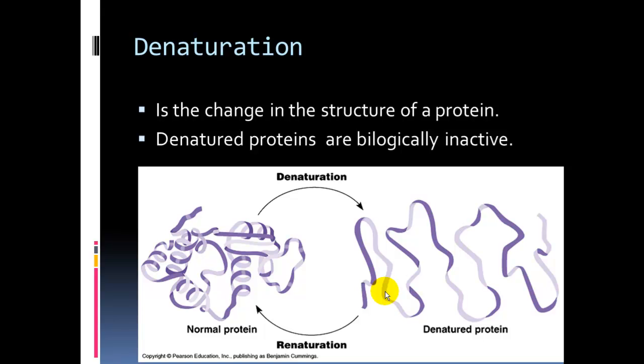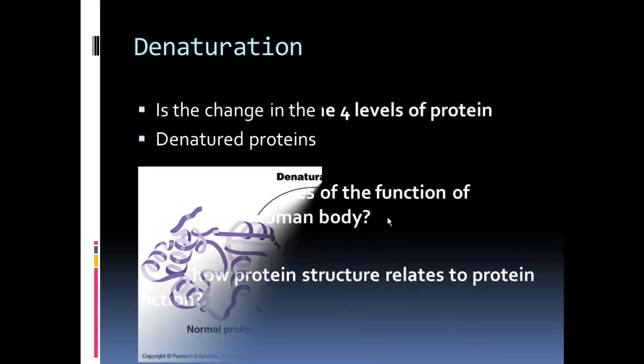Denaturation is a general word to describe a protein that has its structure misshapen, and this is going to be due to a change in conditions. When I change the temperature, I change the pH, salinity, environmental factors in the environment or inside of the organism change, and this changes the shape, which will change the function of the protein.